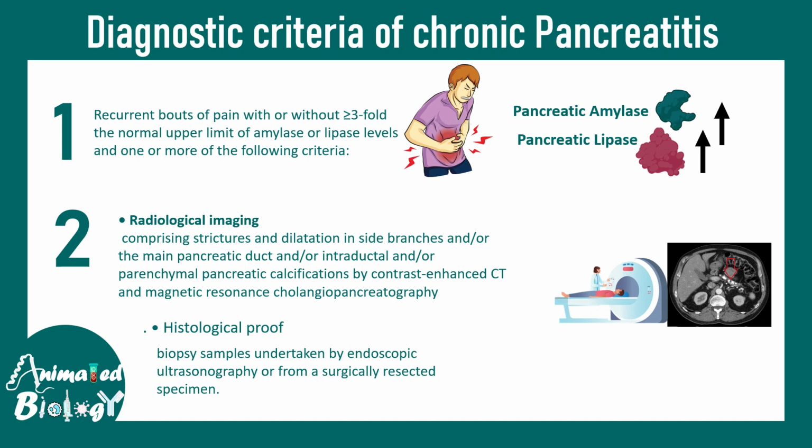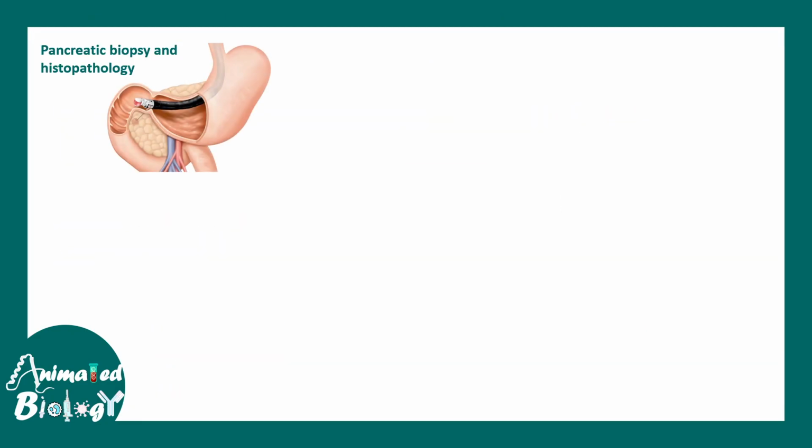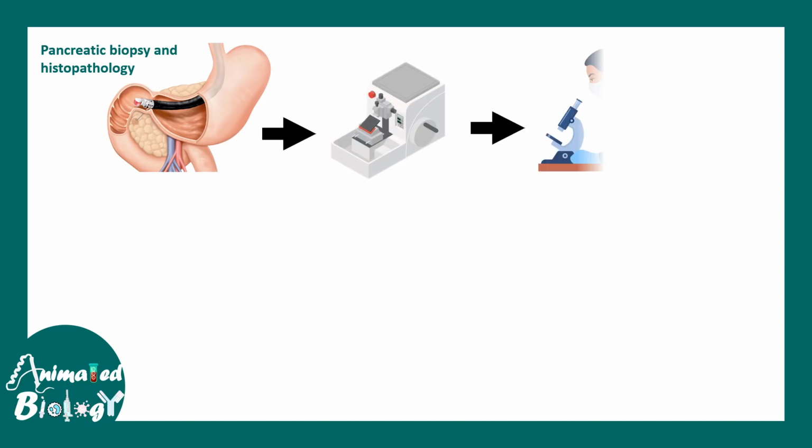Basically histological proof is very rare, but sometimes when an endoscopic biopsy happens, histological evidence is possible to obtain. In this case, a portion of the pancreas is taken out, paraffin embedded and sectioned, and then imaged.